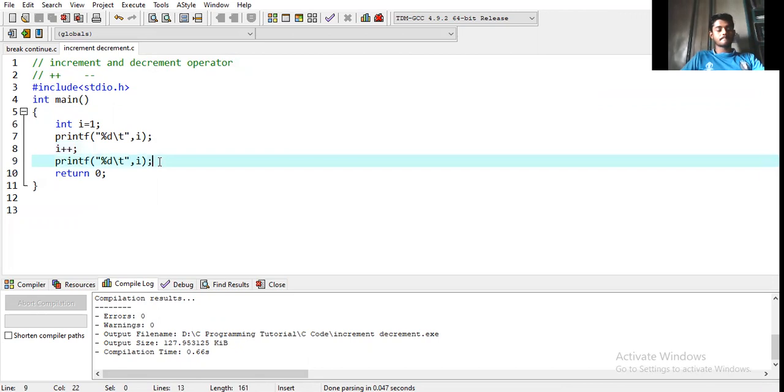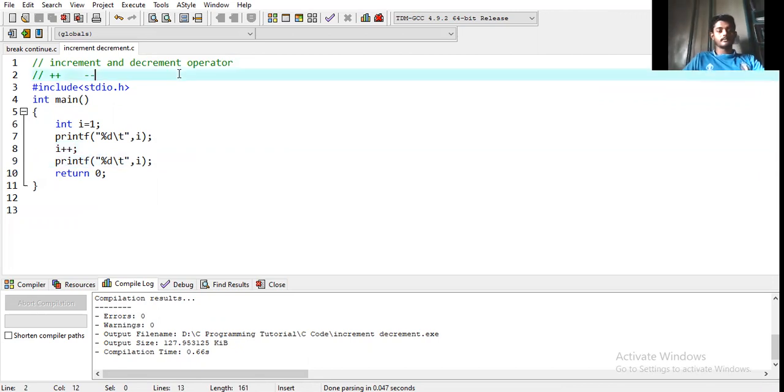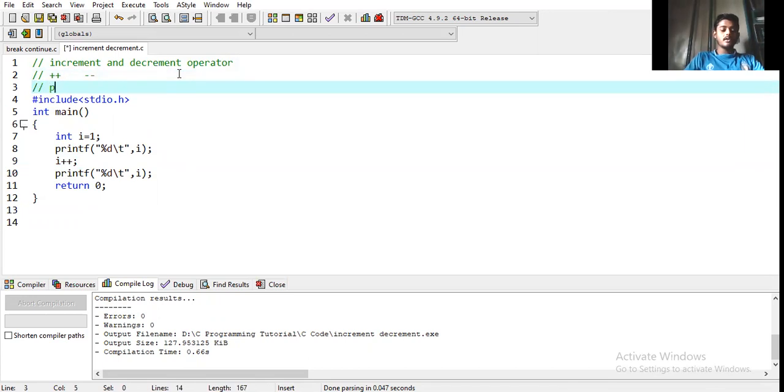There are two types of increment operator. First is the postfix operator, and second is prefix. Sorry, first is post-increment and second is pre-increment.